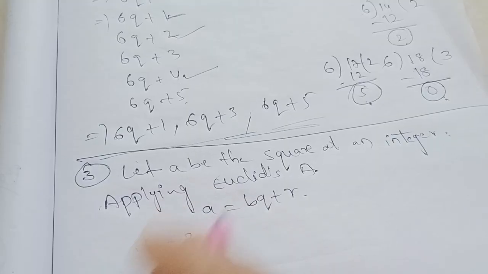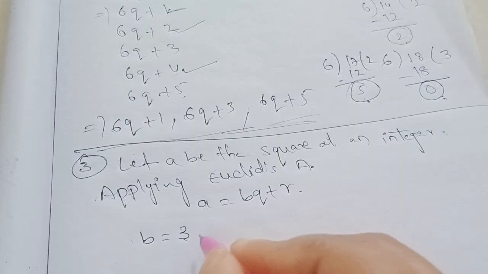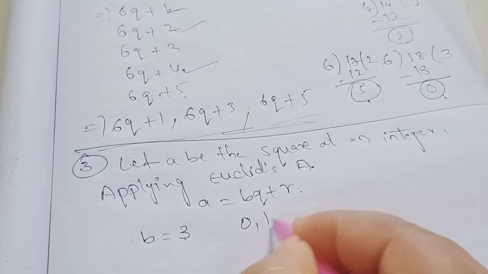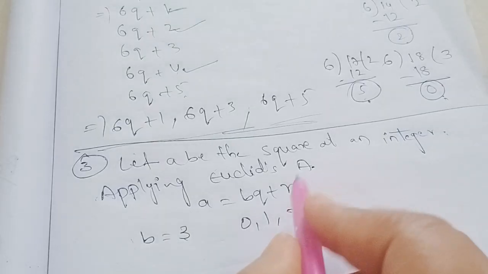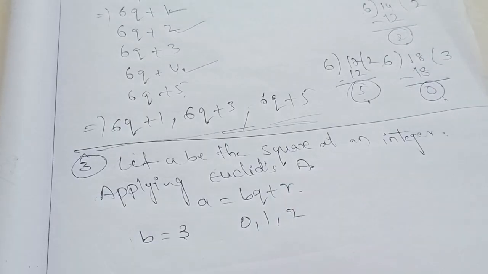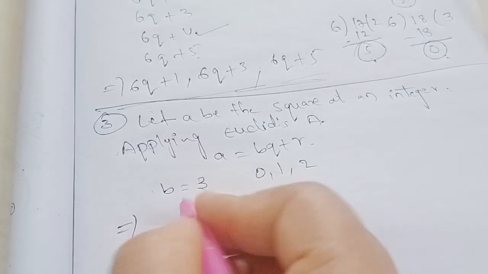So in the question b is equal to 3. What are the possible remainders? Numbers less than 3, that is 0, 1, 2. Only 3 numbers are possible remainders.